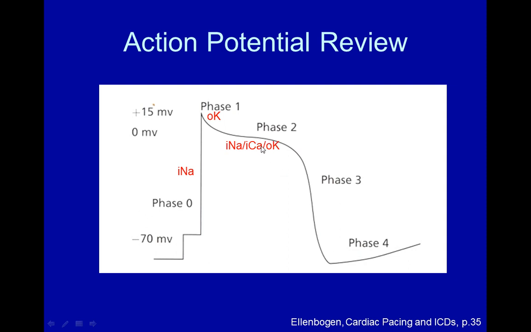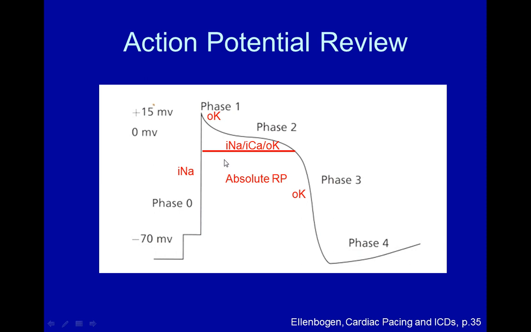And then eventually when the inward sodium and inward calcium currents stop, the outward current continues, and that leads to phase 3 of the action potential, and then eventually it gets back down to minus 90 millivolts, and then you have phase 4.